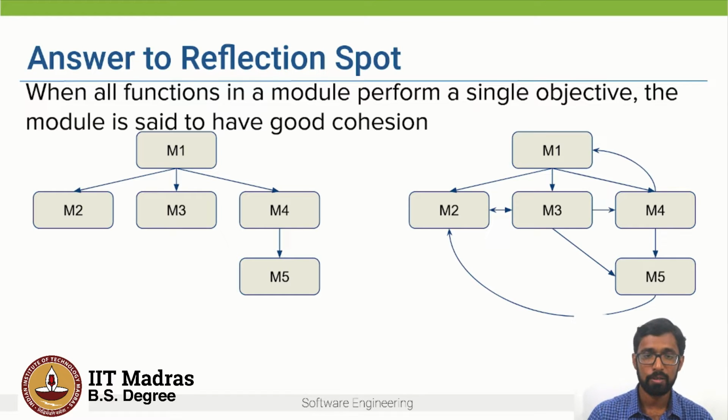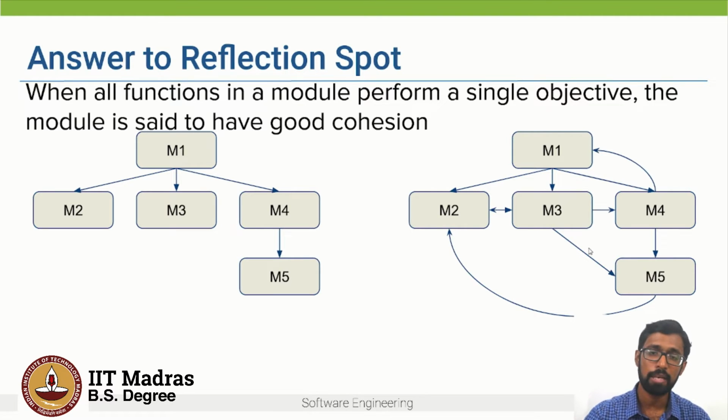For example, in the figure on the left, you can see that M3 does not depend on any other module. The reason can be that the functionalities required by M3 are in M3 itself. Whereas in the figure on the right, M3 calls M2, M4, M5.